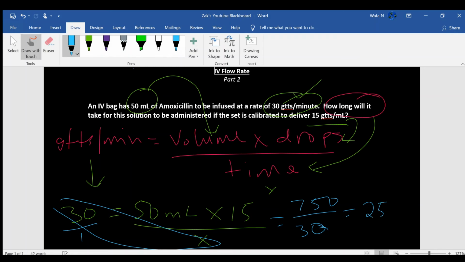So this 25 that you see we got here is 25 minutes. That's the time. To be precise, the time indicated here is in minutes.